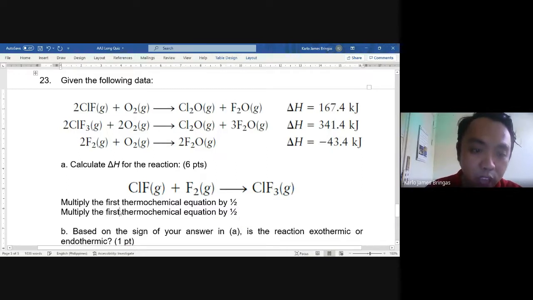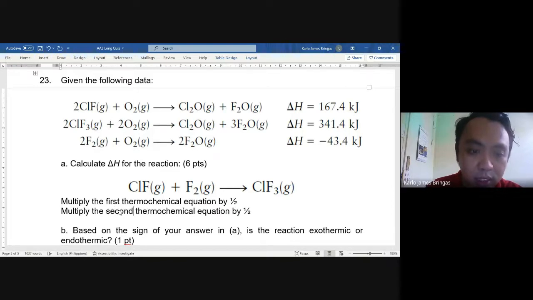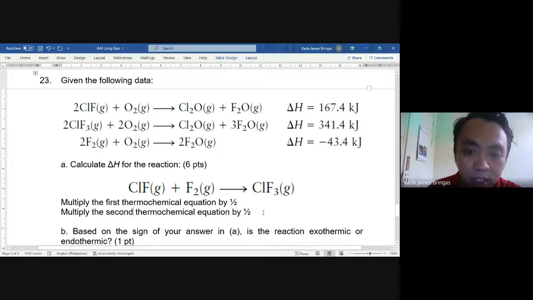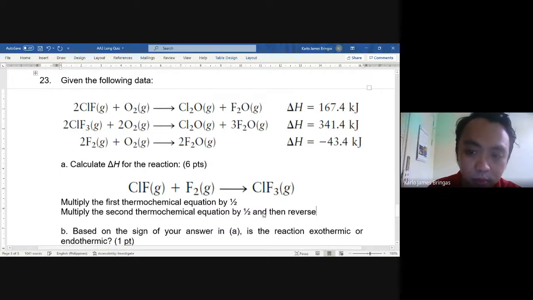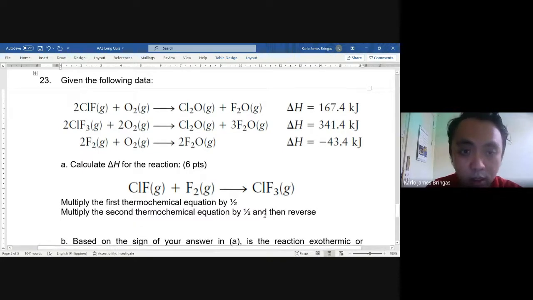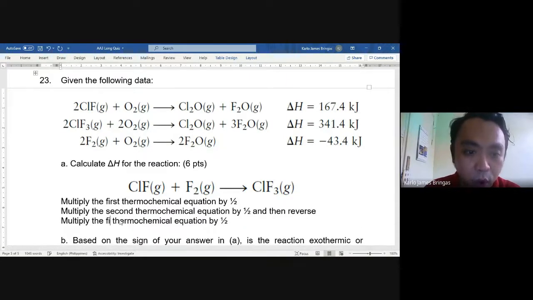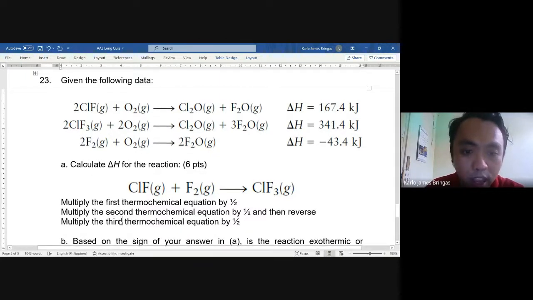So for the second thermochemical equation, what I do is multiply this one by 1/2 as well and then reverse that one, so that this ClF3 ends up on the product side. And finally, for thermochemical equation number 3, I once again multiply this one by 1/2, so that fluorine in the third thermochemical equation has a coefficient of 1.